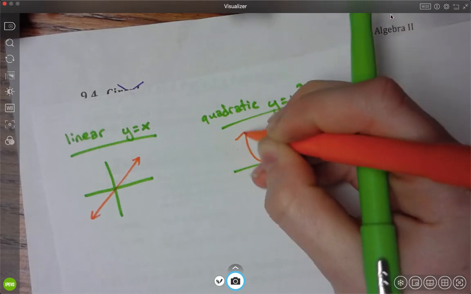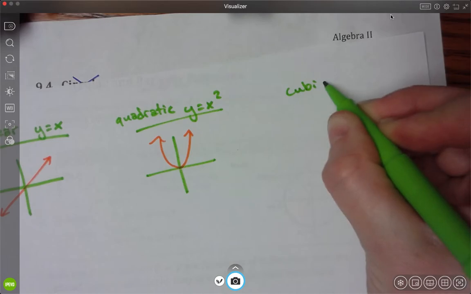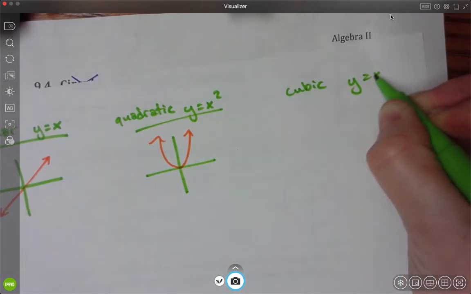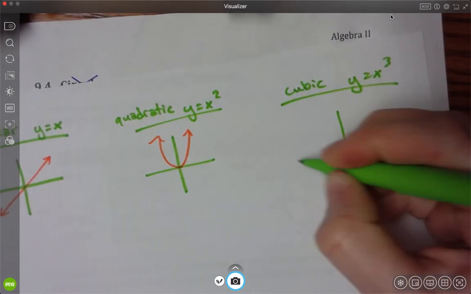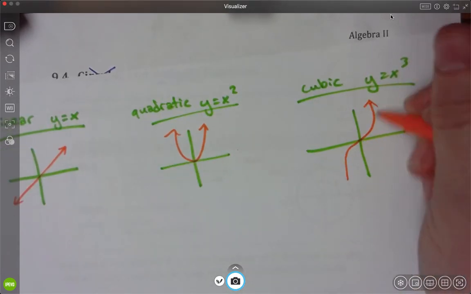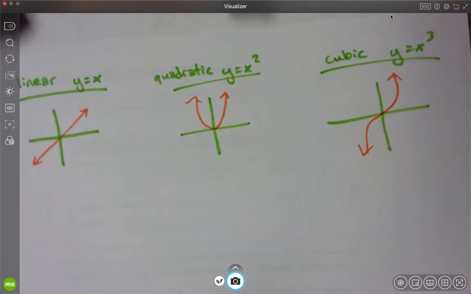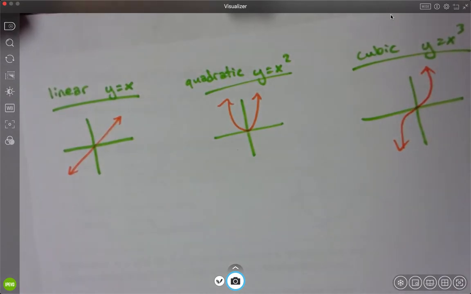All right, let's do a couple more of these. A cubic function, y equals x cubed, is going to look like, I need Marcus here to tell me what that thing is called again. I forget if it was a squiggle or whatever it was. That's what x cubed will look like.